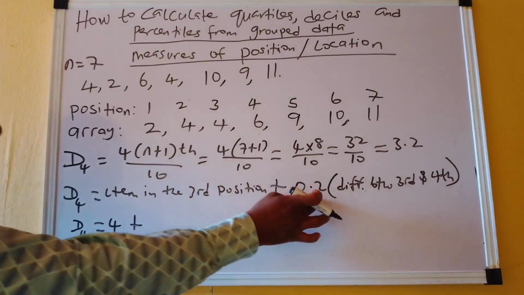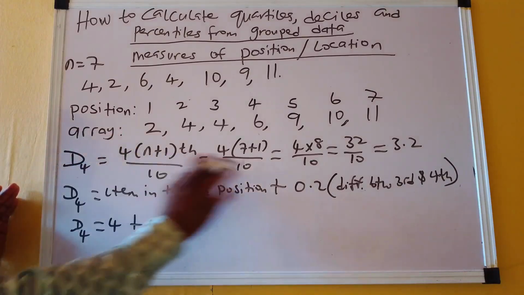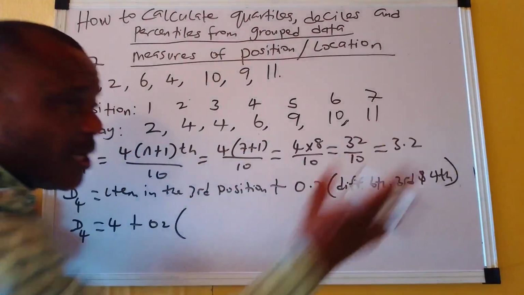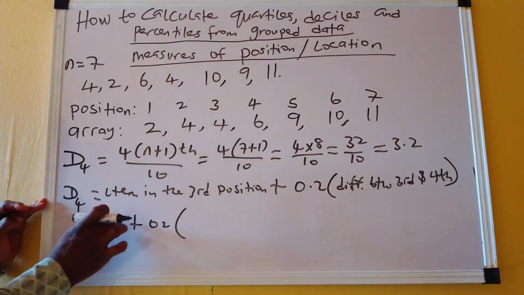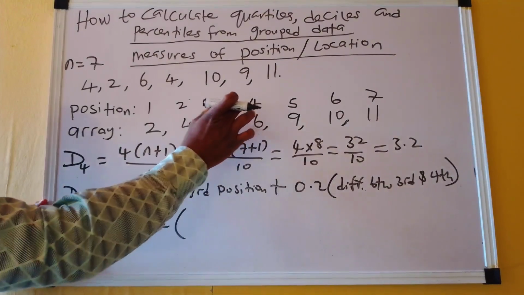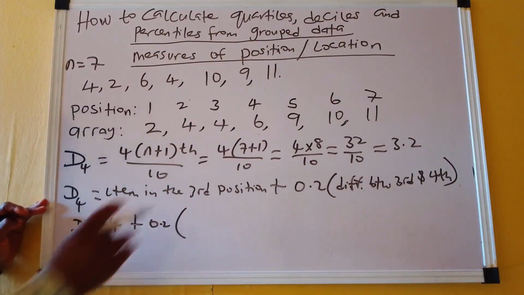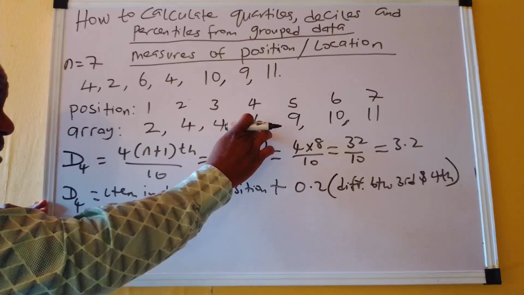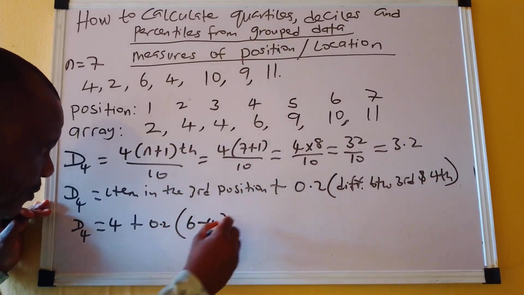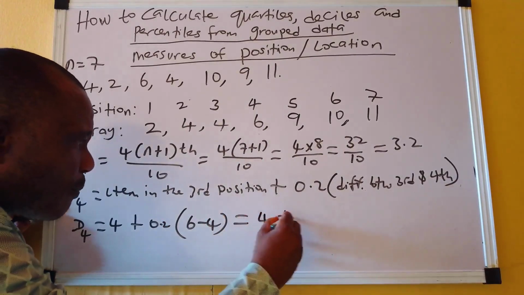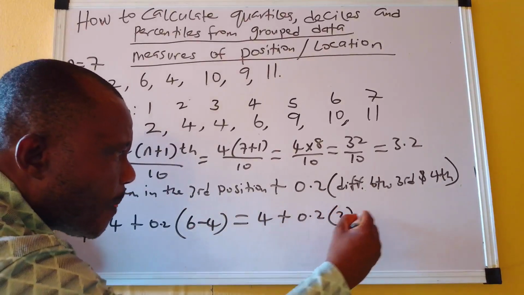So plus 0.2 into, now the D4 is the one in the 3.2nd position. Now we have taken the one for the third position, which is 4. Now between these third and fourth, we are going to calculate this 0.2. So the fourth item here is 6, the third item is 4. So you now have 6 minus 4. So this will now be equal to 4 plus 0.2 into 6 minus 4, which is 2.